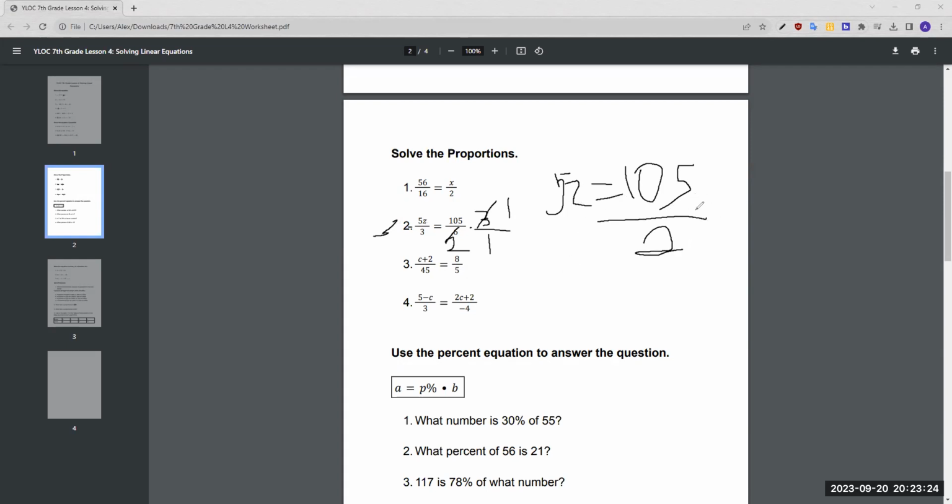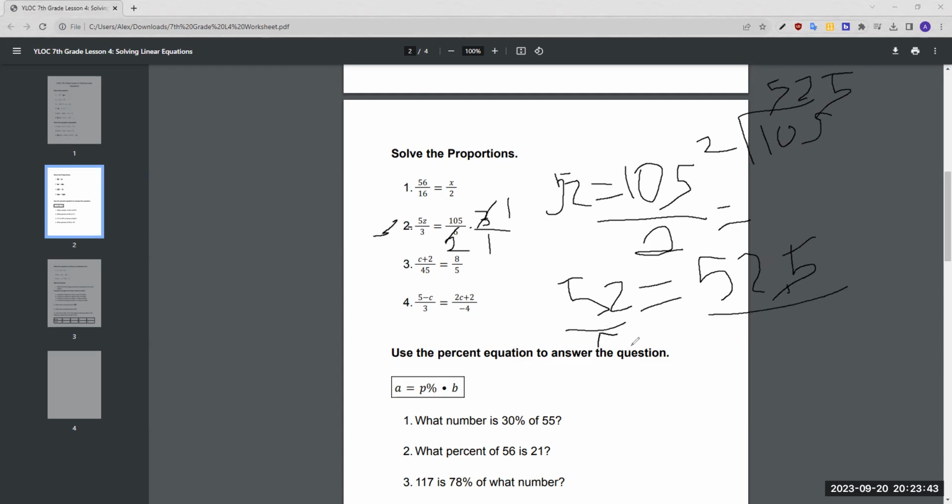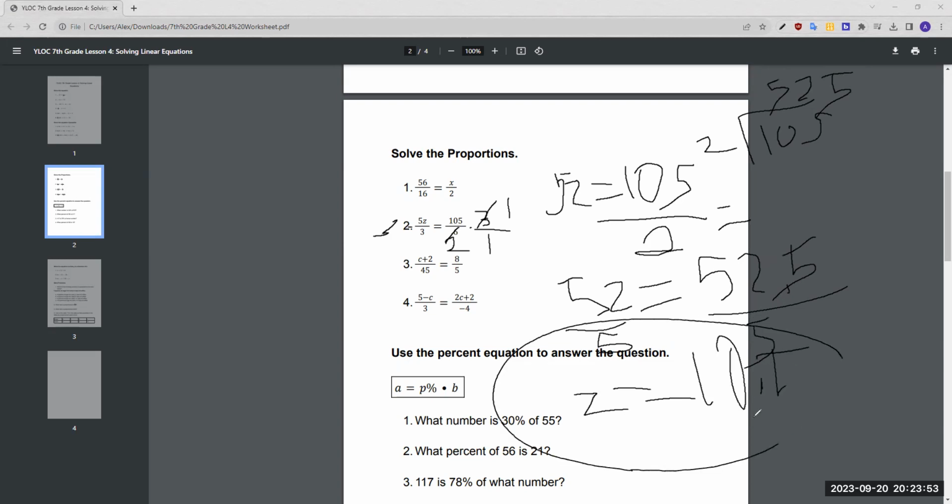Let's simplify this further. So 105 divided by 2 is 52.5. So 5z equals 52.5. And you divide both sides by 5. And after you do that, it'd be 10.5.